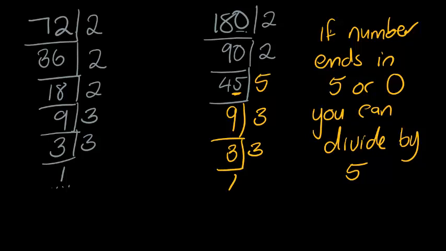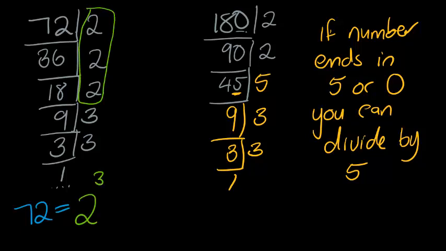So I can now write these numbers out as products of their prime numbers. 72 is going to be equal to, I've got 3 2's, 2 to the power of 3. Then I've got 2 3's, 3 to the power of 2.